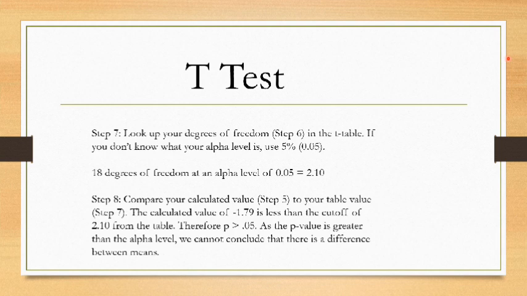We cannot conclude that there is a difference between means. So at this part, we therefore conclude that there is no difference between means ng data na ginather po natin. So ayun po yung result ng ginawa po nating t-test.